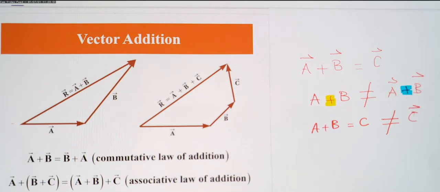That's the plus when we add vectors. If we have three vectors, for example, A plus B plus C, vector A, tail of vector B at head of vector A, tail of vector C at head of vector B, and then we draw a line.